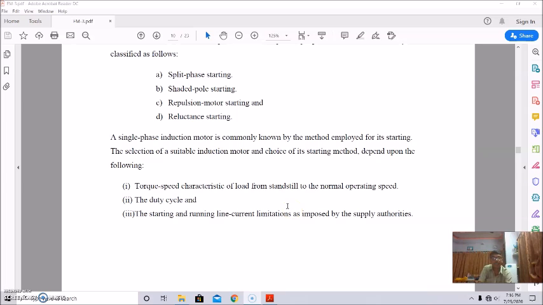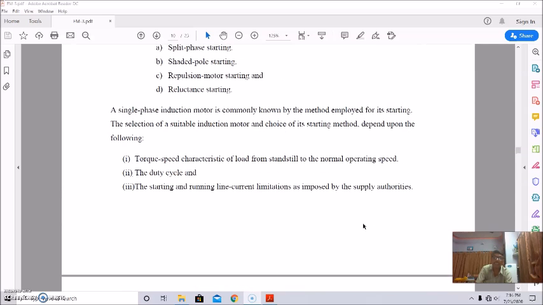Second is the duty cycle, and thirdly the starting and running line current limitations as imposed by the supply authorities. So these are the three criteria.